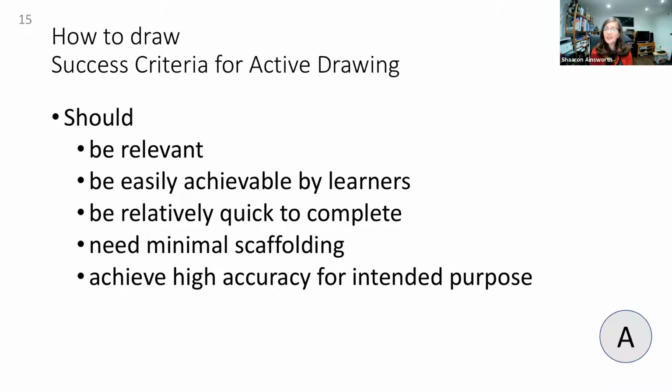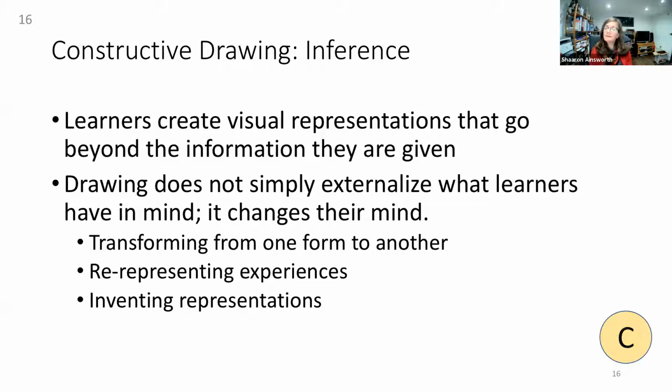Of course, if you're just sketching a mnemonic to help you remember, it needn't be a faithfully drawn, highly accurate thing. But if you're sketching a graph of quantum mechanics, then it does need to be. So it has to be accurate for its intended purpose, not simply low or high in accuracy. Right, so let's move on.